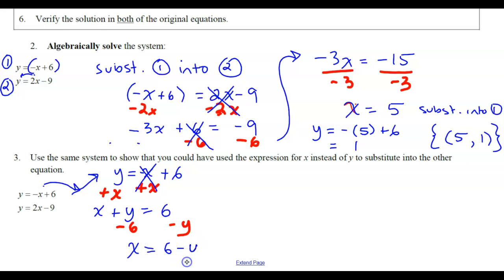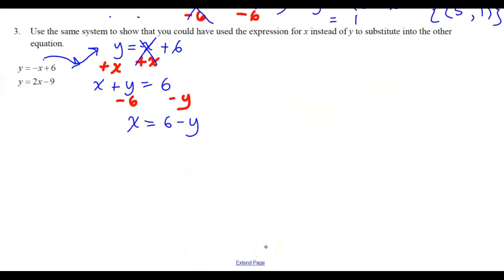But I like having the first term being positive because I'm just substituting in. It's no special form or anything like that. It's not a final answer. So now I'm going to call this my equation 1, this my equation 2, and I'm going to substitute 1 into 2.